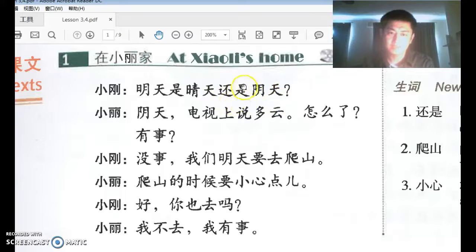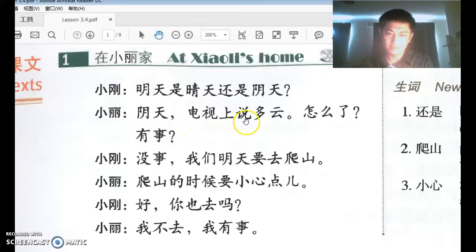We have 还是, that's a new grammar point. 还是 means or. It's used in a question, to say this or that. It's a new type of question. We call it a selective question. Do you want an apple or a pear? The word or is 还是。小丽说阴天, cloudy day.